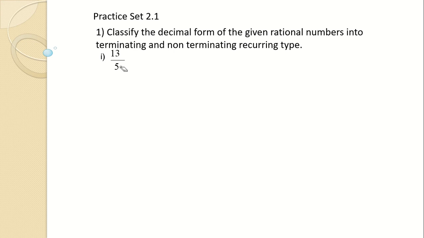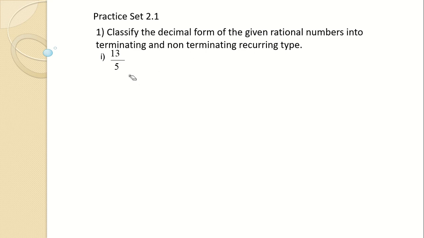When we divide this and get the answer in decimal form, will that decimal representation be terminating or non-terminating recurring type? Terminating means it stops after the decimal point; the counting of that decimal representation stops somewhere. And recurring means the same number goes on coming again and again.